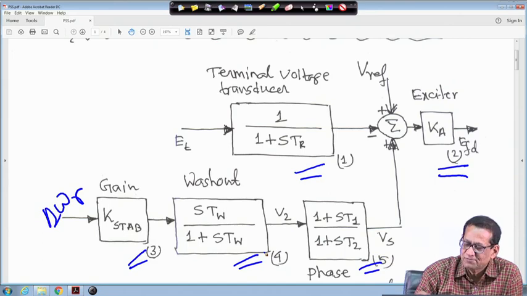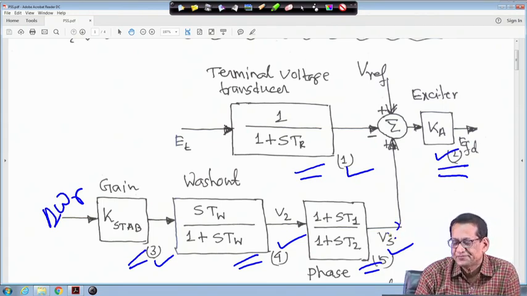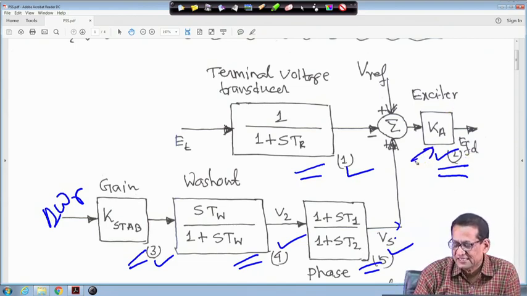This is the stabilizer gain, this is the washout, output is V2 and this output is Vs. And this is the V reference, this is the exciter and this is EFD, the exciter gain.